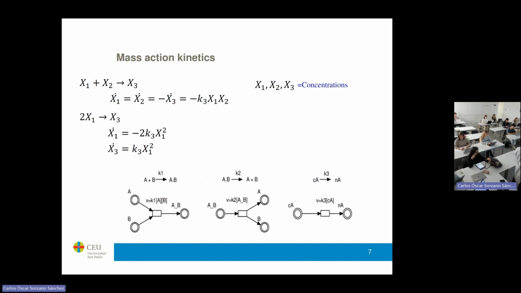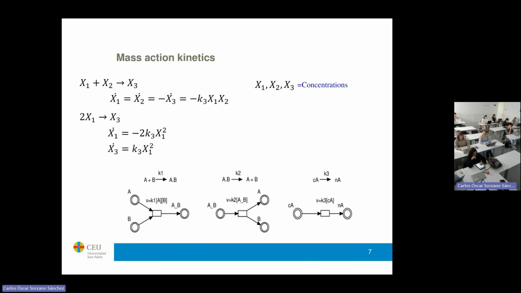If two chemical entities are interacting, this should be both ways, so it is a reversible reaction. If X1 and X2 bind to form X3, then you can write the rate at which this reaction is happening using the derivative.